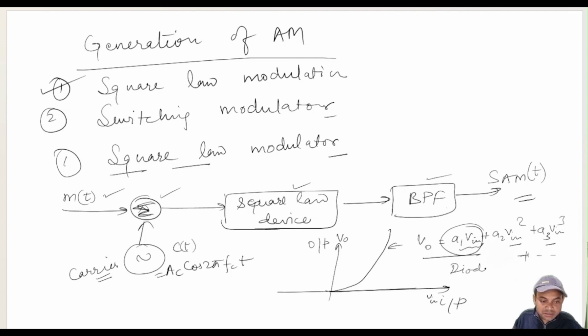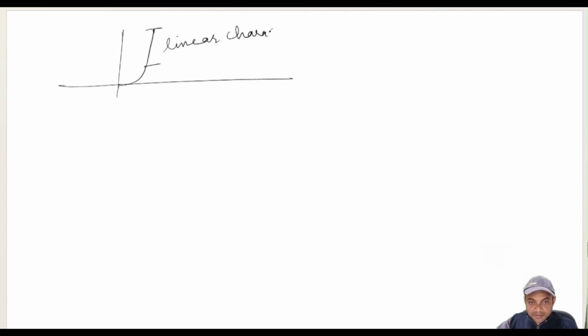Basically, this is the circuit and this is the output. What will we achieve by using a diode? In a diode, the characteristic can be derived in two parts. One is this, and another one is this. This is the linear characteristic, and this is our square law characteristic.